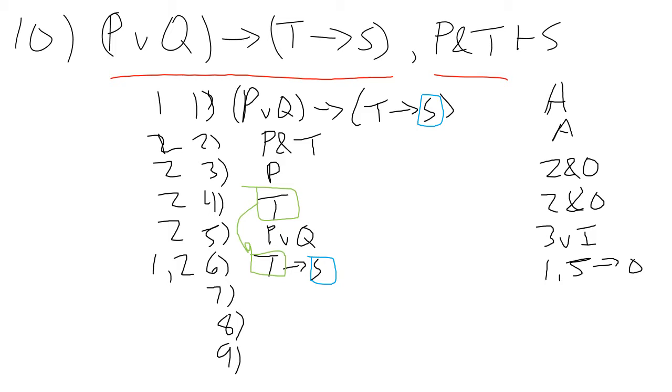So 1 and 5, because here was my conditional statement 1, here was my left side in 5, so 1 and 2 go next to that. Now in line 7, I can write S by itself, because I have 4 as my antecedent to the conditional statement 6. I'm removing the arrow there, so that's going to be 1 and 2, just like that.